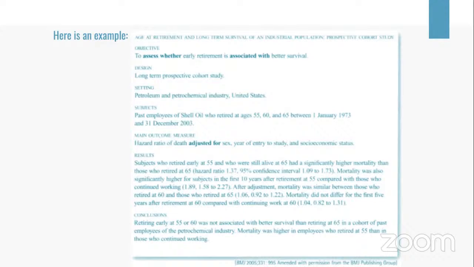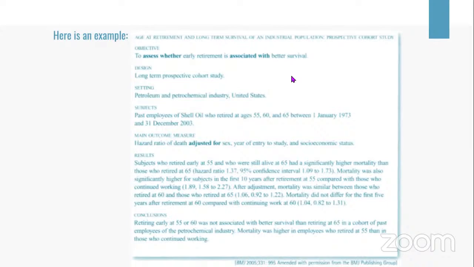Subjects: past employees of shale oil who retired at ages 55, 60, and 65 between January 1973 and 31 December 2003. Main outcome measure: hazard ratio of death adjusted for sex, year of entry to the study, and socioeconomic status.